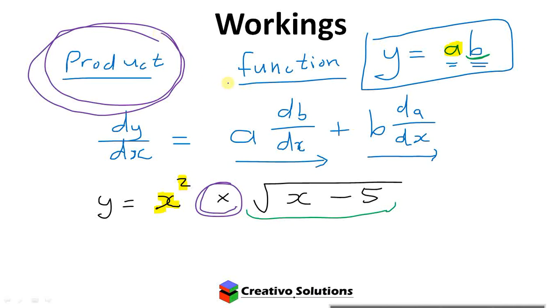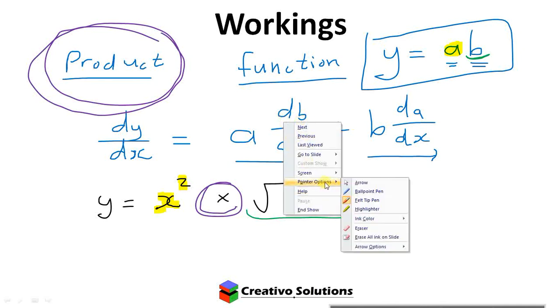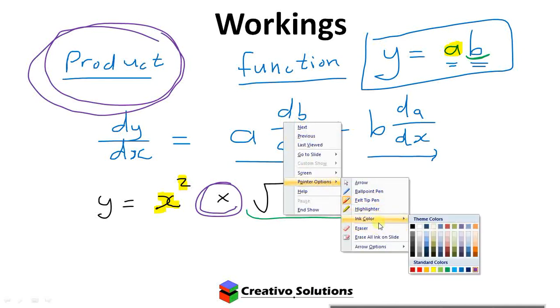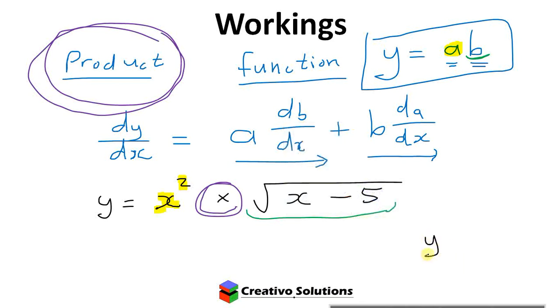But I can't because I've got multiplication. Do you agree? Normally I could have multiplied this out. So for example, I just want to show you some context. What happens if I had this? Y equals 5 times bracket x squared to the 3. Okay, would I have to use product rule here?